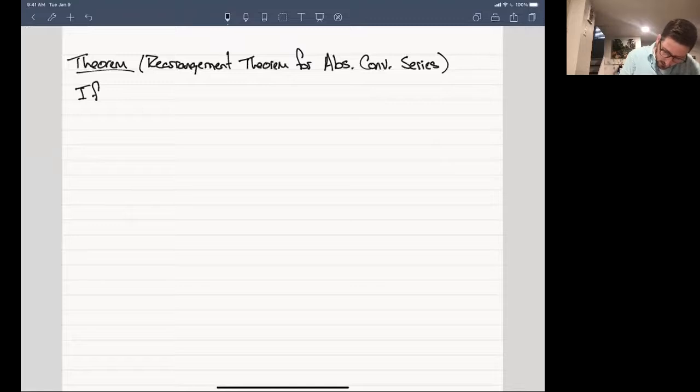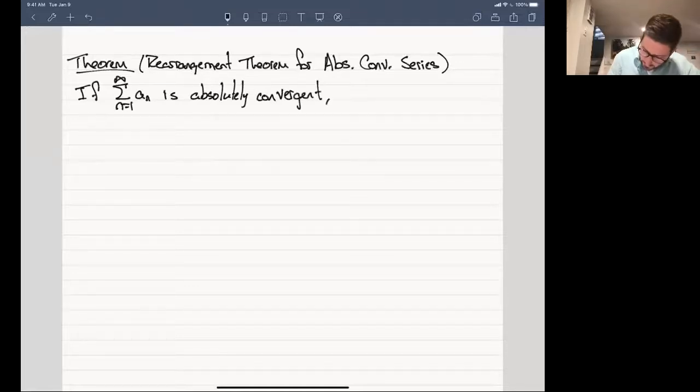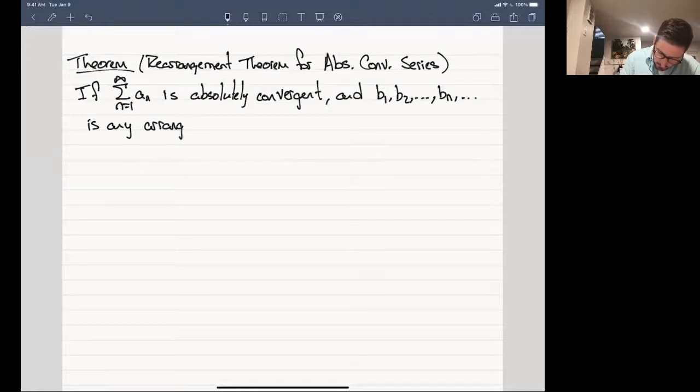Okay, let's imagine that we have a series, and this thing is absolutely convergent. And let the sequence B1, B2, B3, all the way up to Bn, keep going, be any rearrangement or any arrangement of the sequence An.